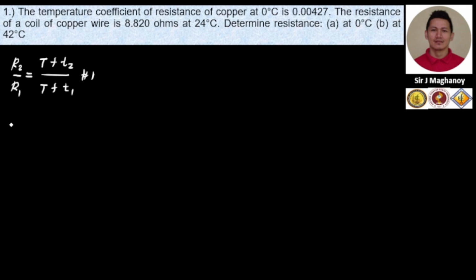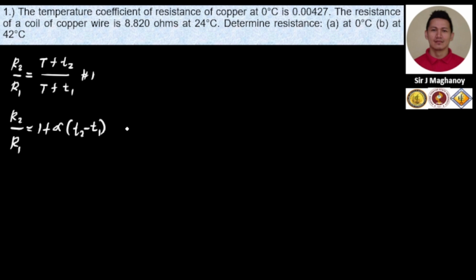We have a formula number 2. This is equal to your R2, which is your final resistance, over R1, which is your initial resistance, is equal to 1 plus the temperature coefficient of resistance times the change of temperature, which is your final temperature minus initial temperature.